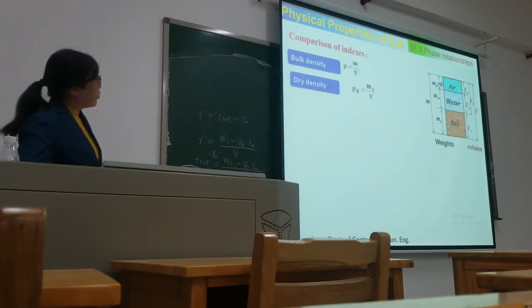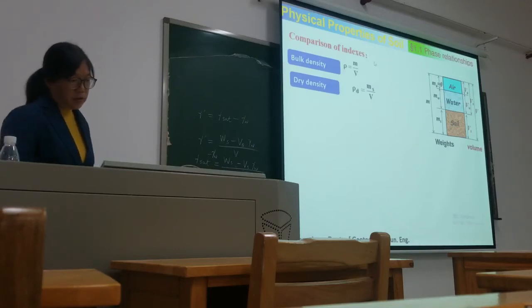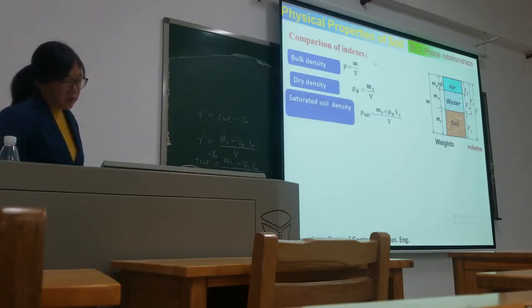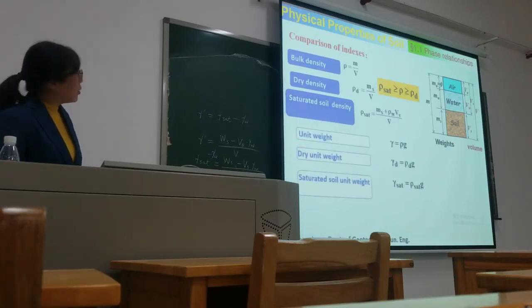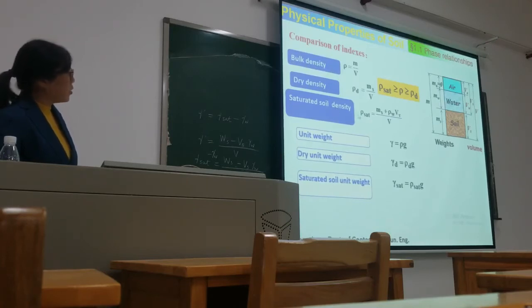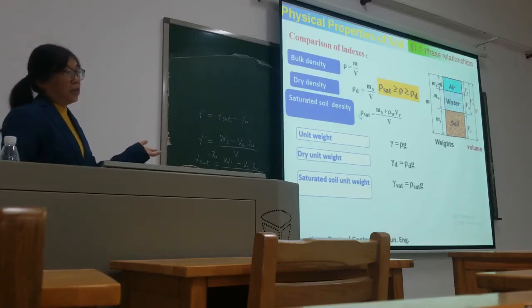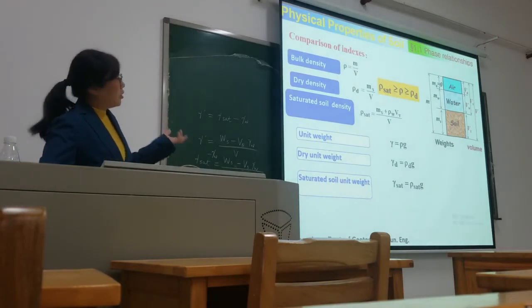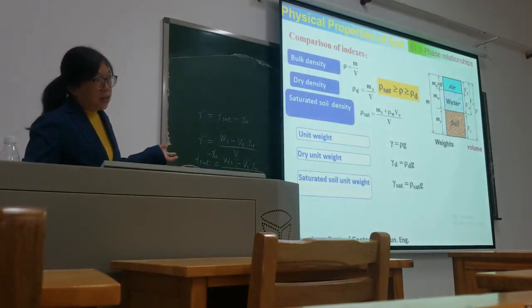So next we have comparison of indexes. Maybe the densities: bulk density, dry density, saturated soil density, which is bigger? Which is biggest? Saturated soil density.